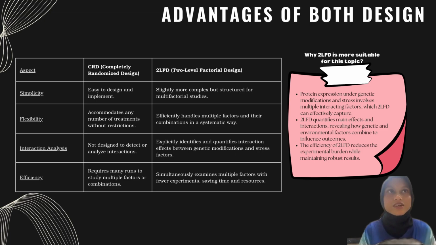So these are the advantages of both designs, CRD and also 2LFD. CRD stands for completely randomized design and 2LFD stands for two-level factorial design. For the first aspect, which is simplicity, CRD is easier to design and implement, while 2LFD is more complex but structured for multifactorial designs or studies.